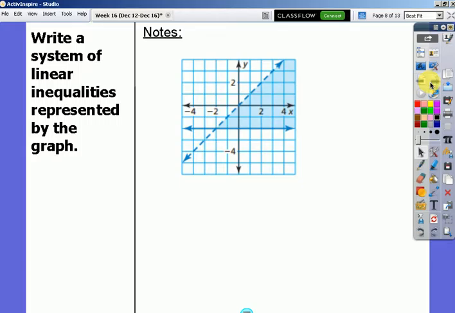Okay, you will be asked to work backwards. Given a graph of a system, you need to come up with the system of linear inequalities.